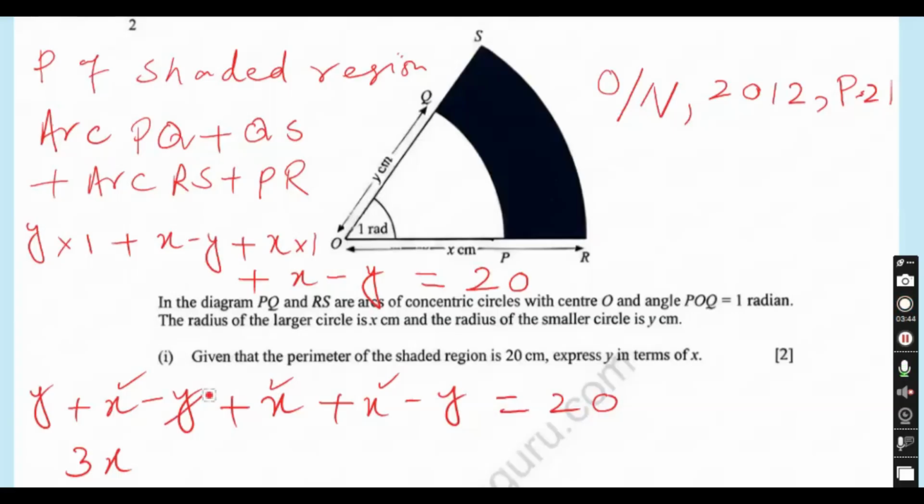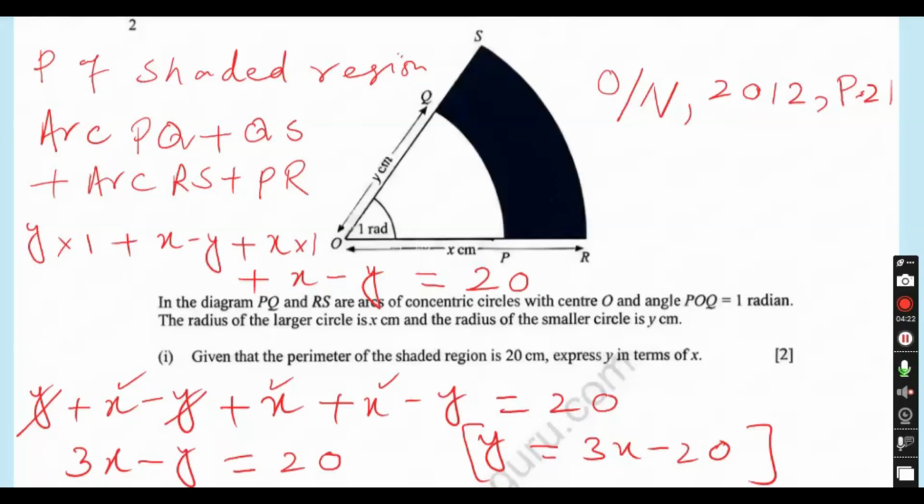This minus y cancels this plus y. So only negative y is remaining, 20. Now the question is to write y in terms of x. It means we have to make y the subject. So y is equal to 3x and shift 20 over here, minus 20. This is the answer of part number 1. y is equal to 3x minus 20.